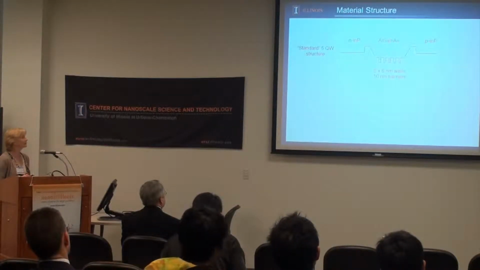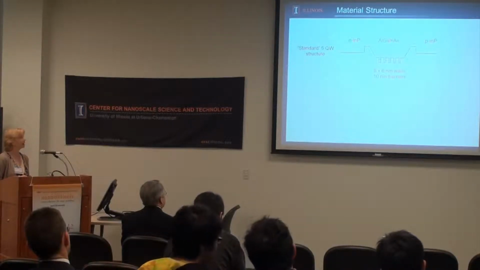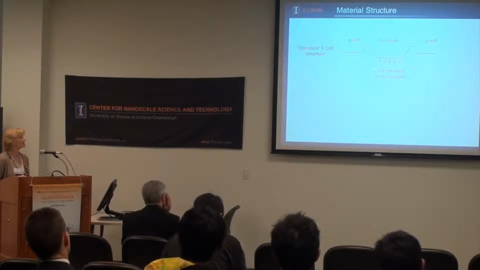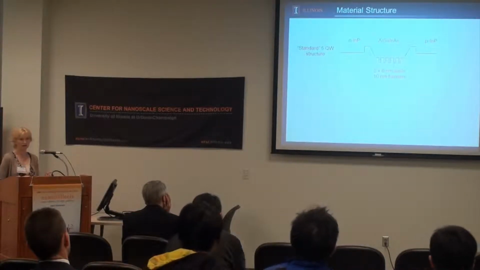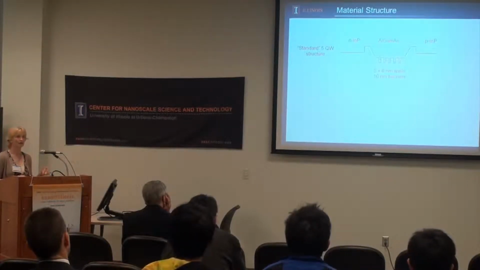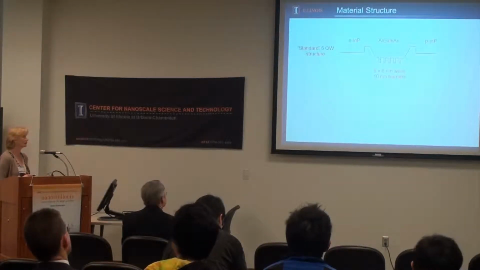In the middle, in between, we have the waveguide, which is intrinsic and contains five 6 nanometer quantum wells, which are the gain medium. The quantum wells are what give you the gain. That's where the carriers collect, and that's where the stimulated emission occurs to give the light output.